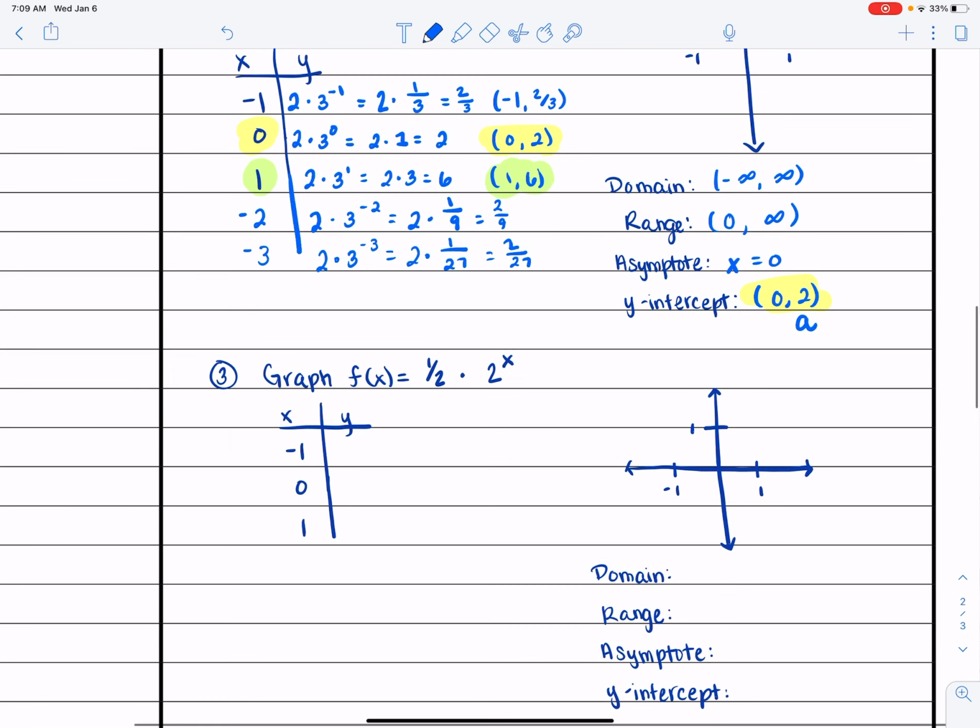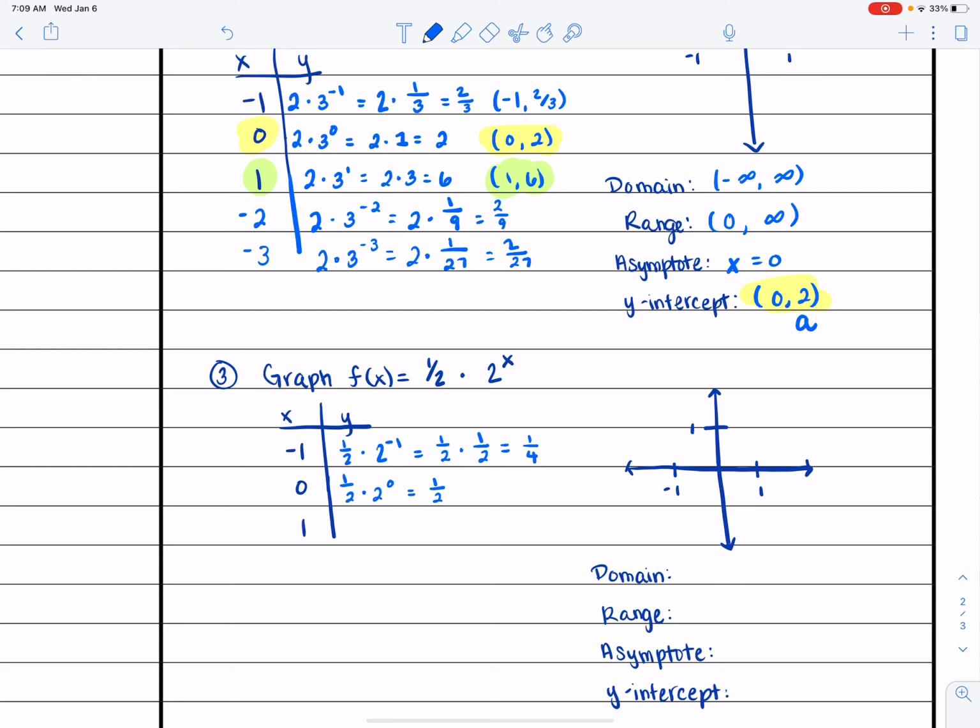All right, the next example, y equals 1/2 times 2 to the x power. If I'm using -1, then I have 1/2 times 2 to the -1. 2 to the -1 becomes 1/2. 1/2 times 1/2 is 1/4. Then I have 1/2 times 2 to the 0 power.